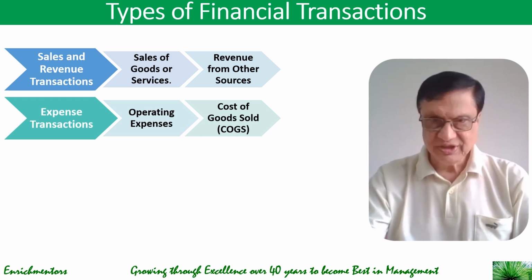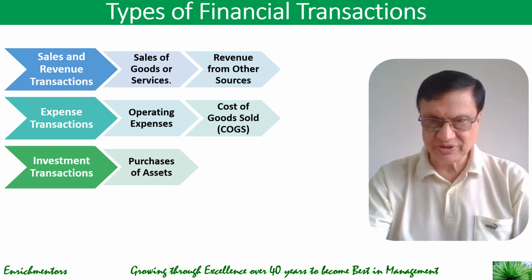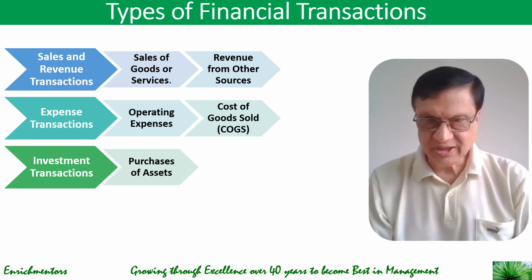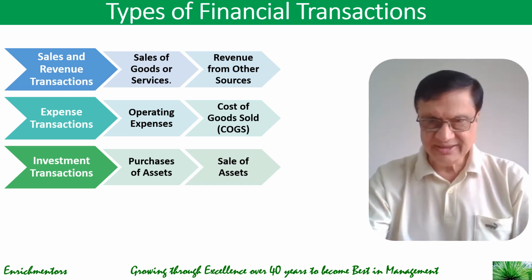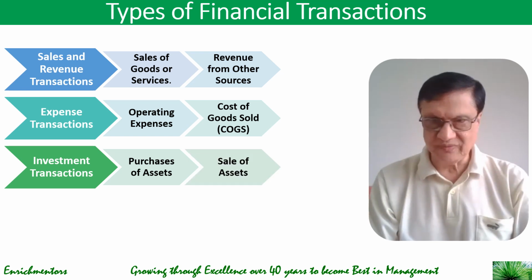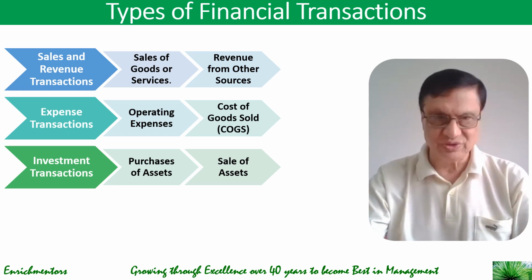Then there are investment transactions where you have two types again: purchase of assets, where you acquire assets like property, equipment, and securities, and then there is sale of assets. You dispose of or sell off assets that you own as a business or an individual.